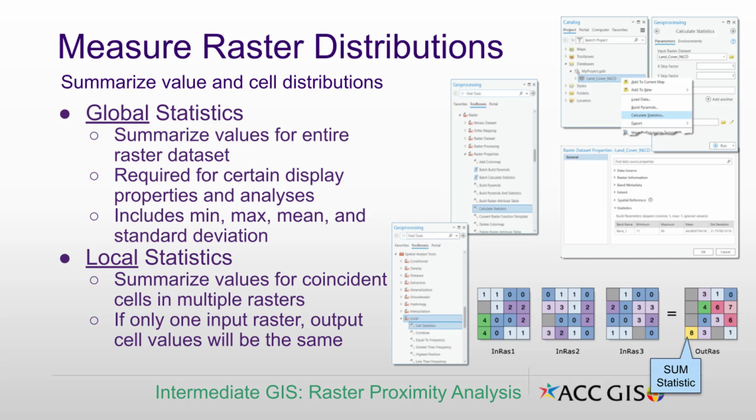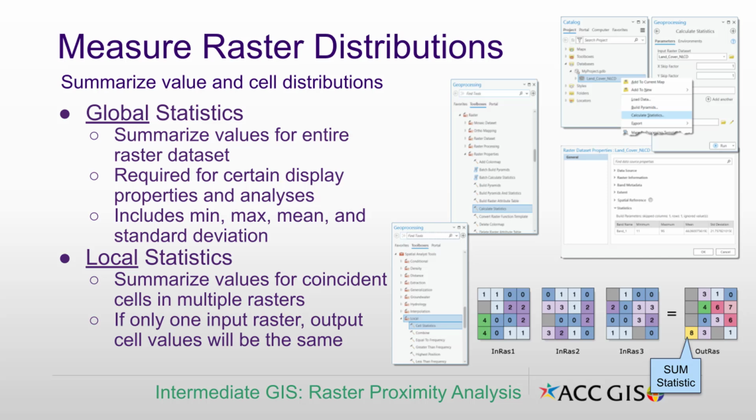In this case, I'm calculating the sum statistics. So the cell in the upper left-hand corner is calculated in the output as null data because in raster 3 is null data. Now, if we go down to the lower left-hand corner, the cell in the output raster is calculated as 8, and that is because the in raster 1 is 4, in raster 2 is 3, and in raster 3 is 1. So 4 plus 3 plus 1 is 8.